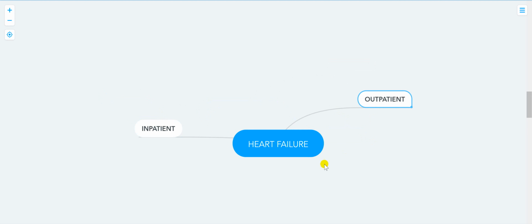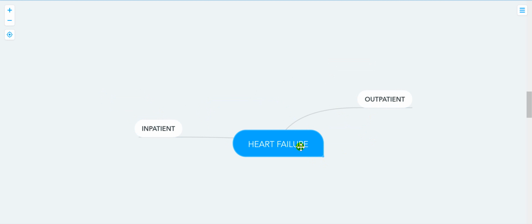So heart failure, we can manage it in the clinic as an outpatient and in an inpatient setting. Let's discuss the outpatient first. First off, what are the symptoms of heart failure?